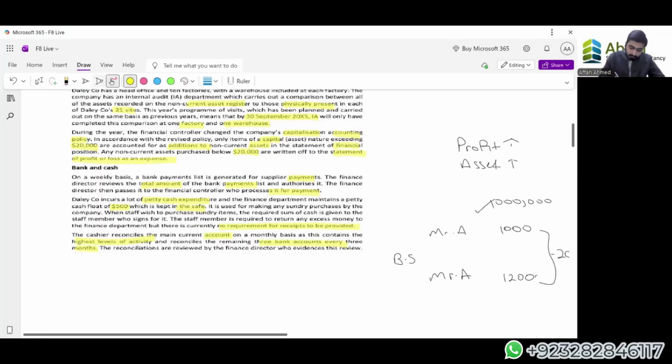The reconciliations are reviewed by the finance director who evidences the review. Now he is checking the reconciliations, but they're done after 3 months. So reconciliations should not be done after 3 months. They should be done on a monthly basis or a weekly basis. If we are giving too much time, the fraud and errors might go unnoticed.